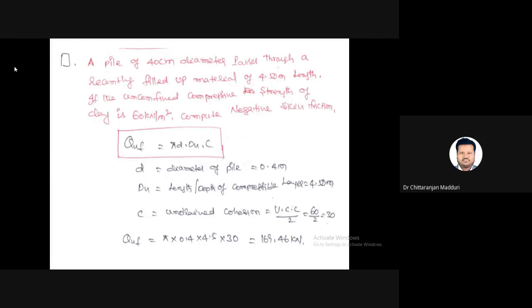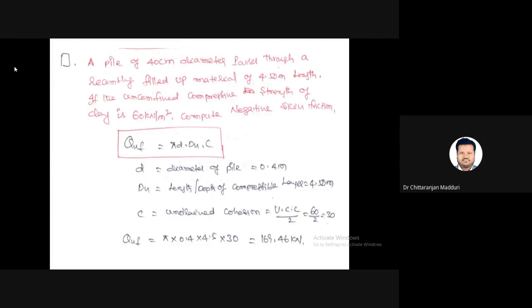See the problem. A pile of 40 centimeter diameter passes through a recently filled up material of 4.5 meters length. Recently filled up material is a compressible layer. So that depth is 4.5 meters. So C is known as undrained cohesion. It is half of the unconfined compressive strength.